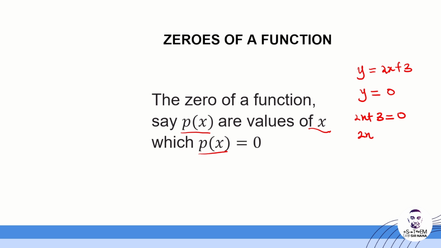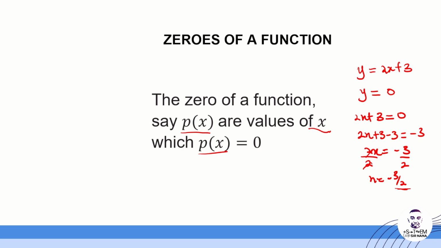So I have 2x plus 3 minus 3 is equal to minus 3. So I have 2x is equal to minus 3, and I can divide both sides by the coefficient of x, which is 2, and then x is equal to negative 3 on 2. So I can conclude that negative 3 on 2 is the value of x that makes the function 0, and that constitutes the zero of the function.